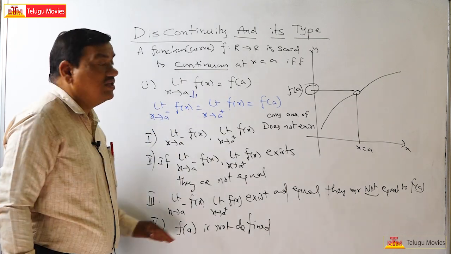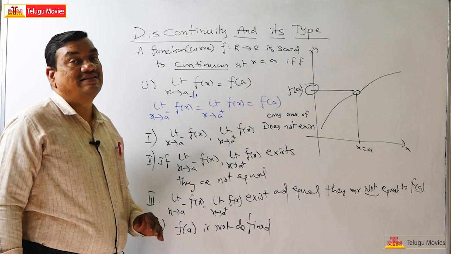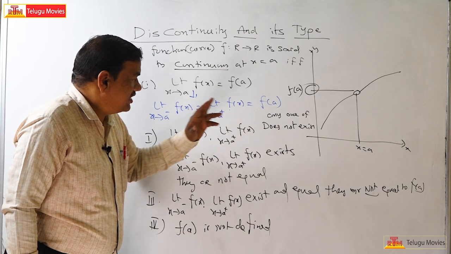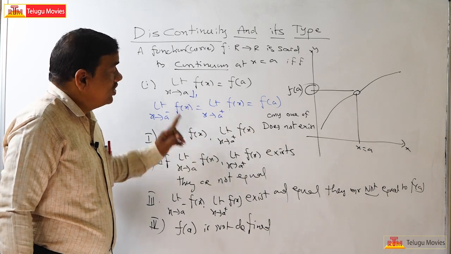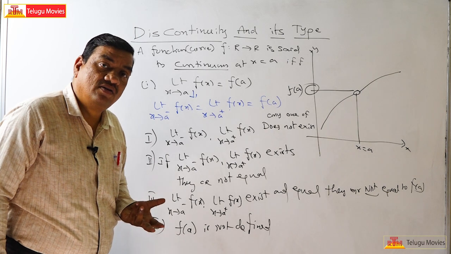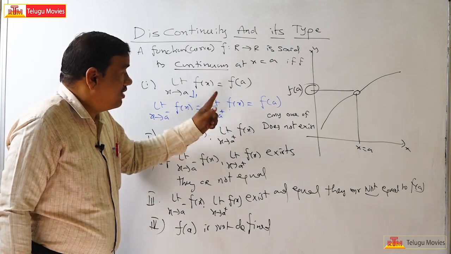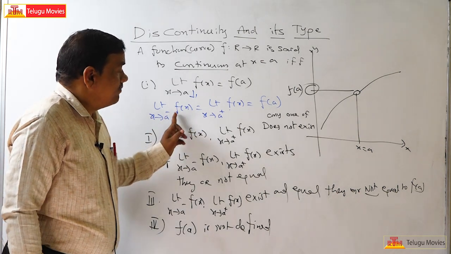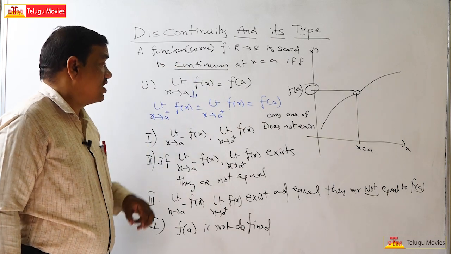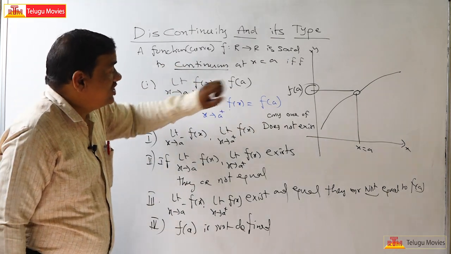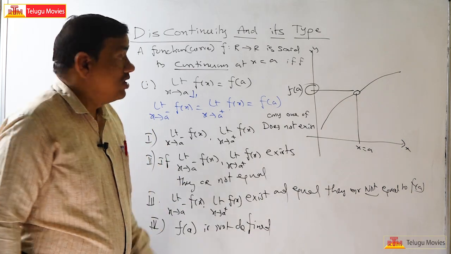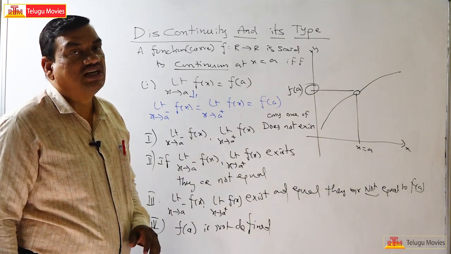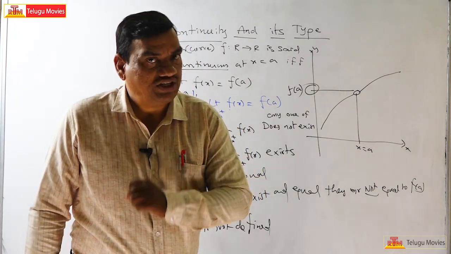If any one of the following cases applies, that means either one of the limits does not exist, or both exist but they are not equal, or both exist and are equal but not equal to f of a, or the function is not defined at f of a, then we say that the function is discontinuous.